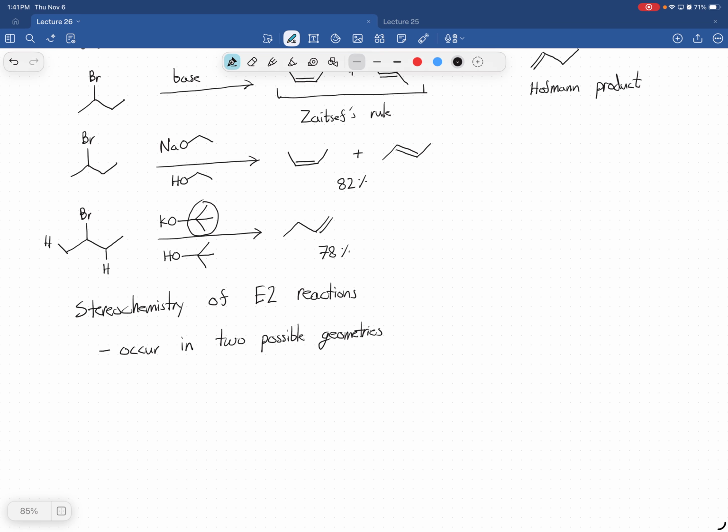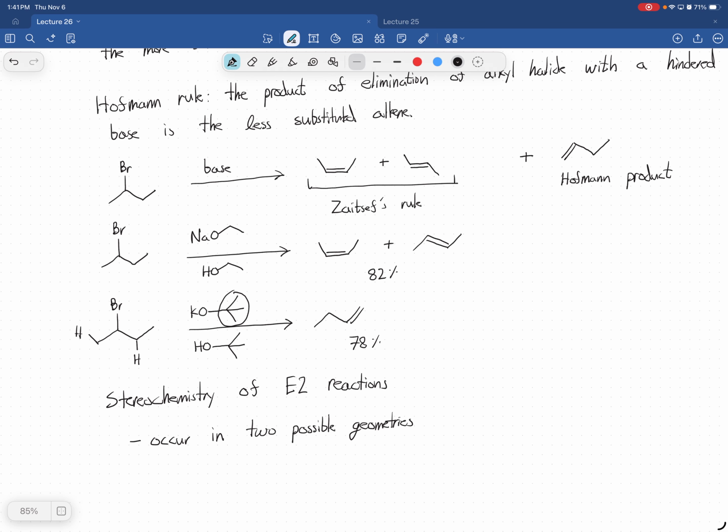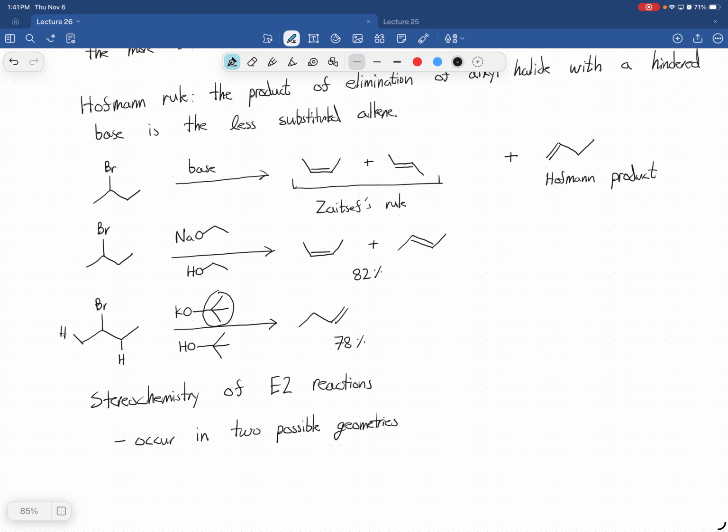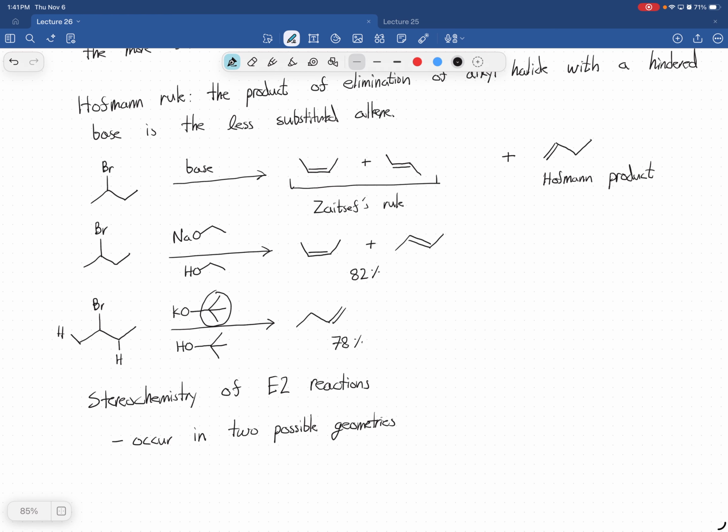Okay, but in these conditions, Hoffman favors the least stable product, and Zaitsev will favor the most stable product. All right. In E1, the base doesn't matter.